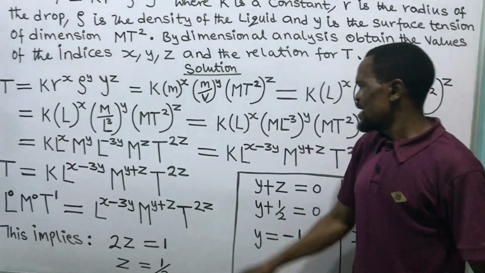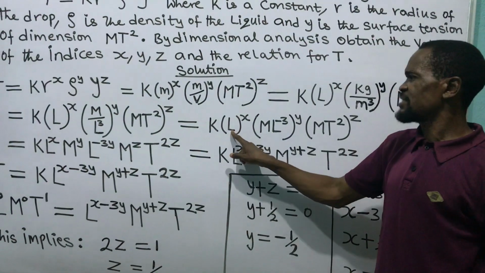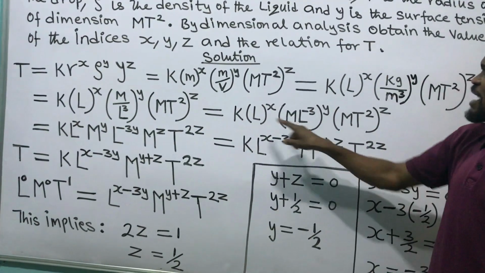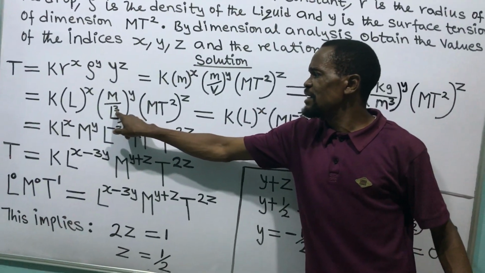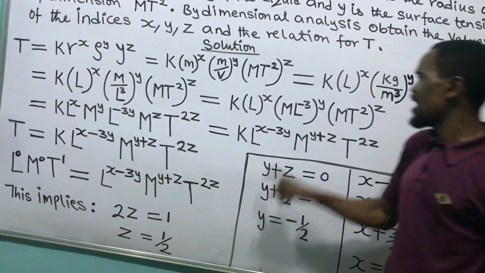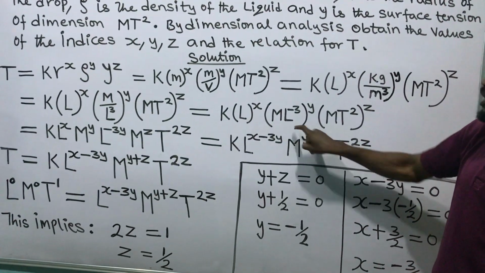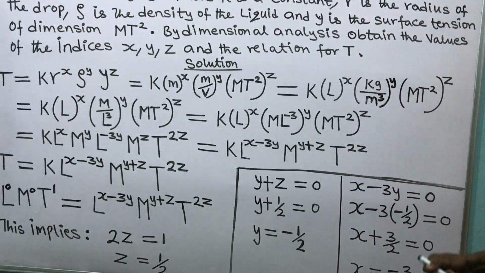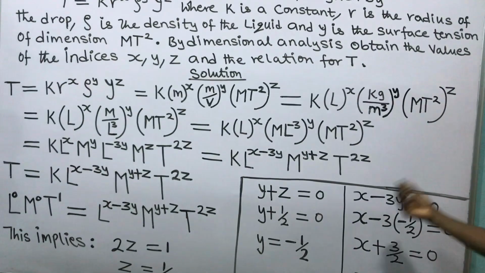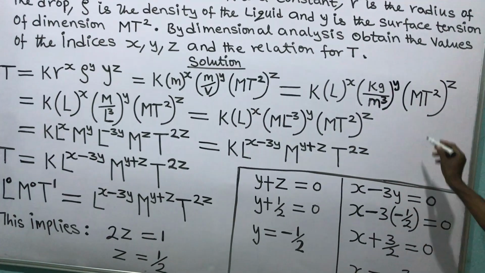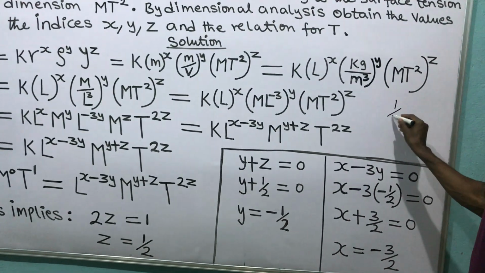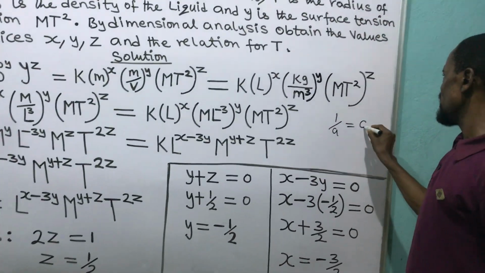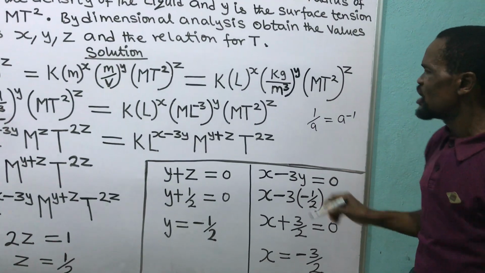Then I come over here. You remember that this man now is this, and I can write this as capital M over L raised to power 3 this way. You remember? How did I do that? Somebody will say, how? We have treated this before. You remember that indices told me that 1 over A is equal to A raised to power minus 1.